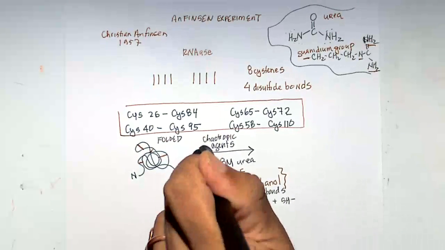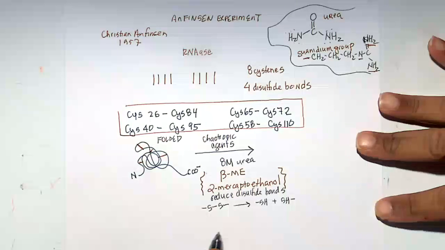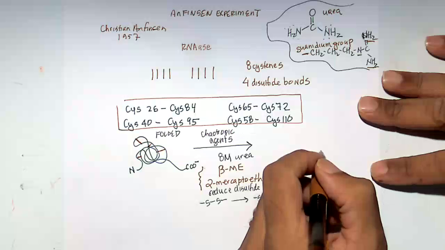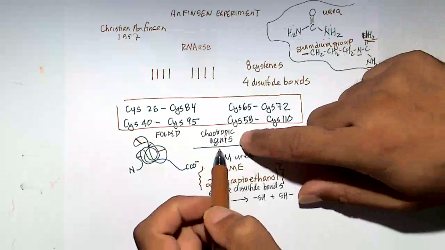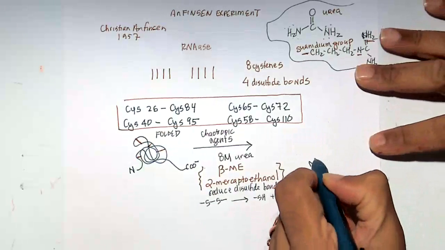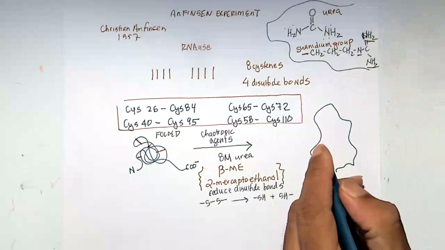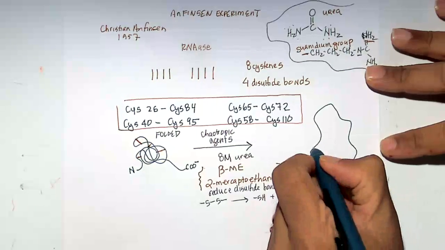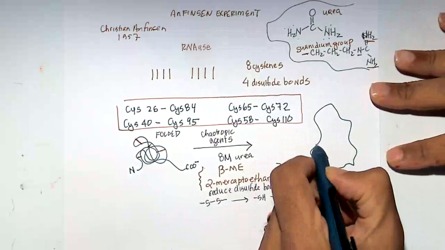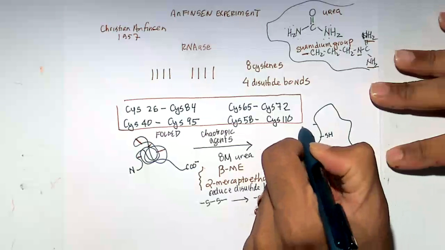So when you add 2-mercaptoethanol, 8 molar urea, or any other denaturing agent, what we have is a folded protein becomes denatured. These are also called denaturants because they denature the protein. So we'll draw this all denatured. Not only will they be denatured, the 2-mercaptoethanol will make those cysteines SHs.